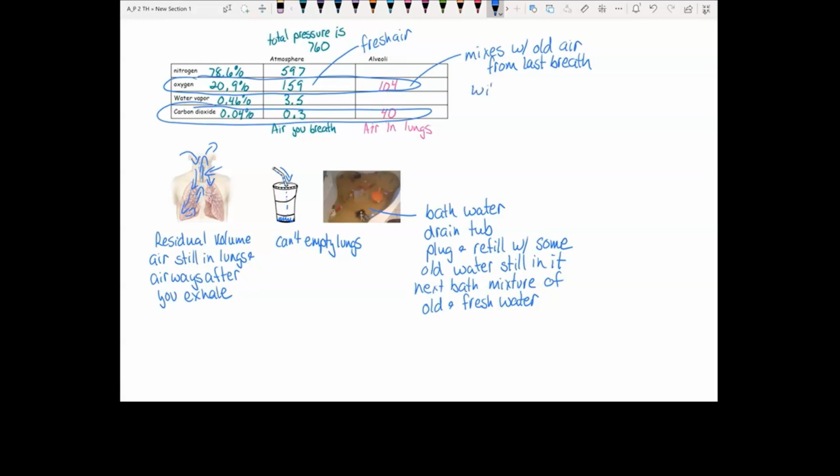With every breath, you mix fresh air with old air. And so this reduces the oxygen and raises the carbon dioxide. So now we know that in your lungs we have 104 for oxygen and 40 for carbon dioxide.